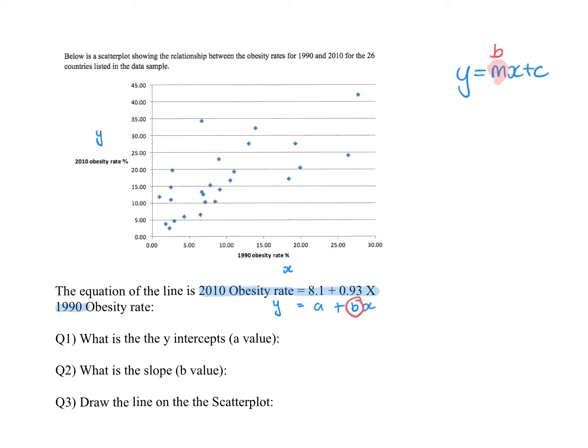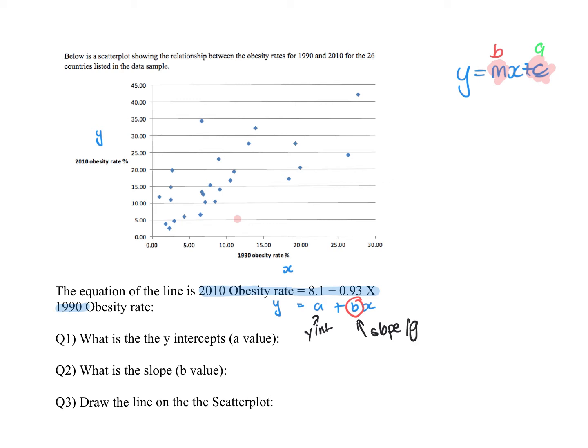So can you see there is the b value, and it's still the same thing, the gradient, the slope. Instead of using the letter c, we use the letter a. So that's the difference, but they're still the same thing. The a is the y-intercept, and b is the slope. We use the word slope a little bit more than gradient, but it's the same thing.